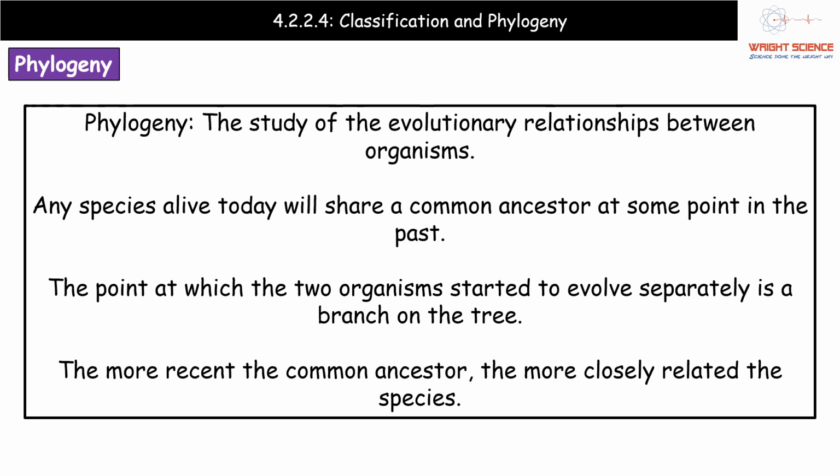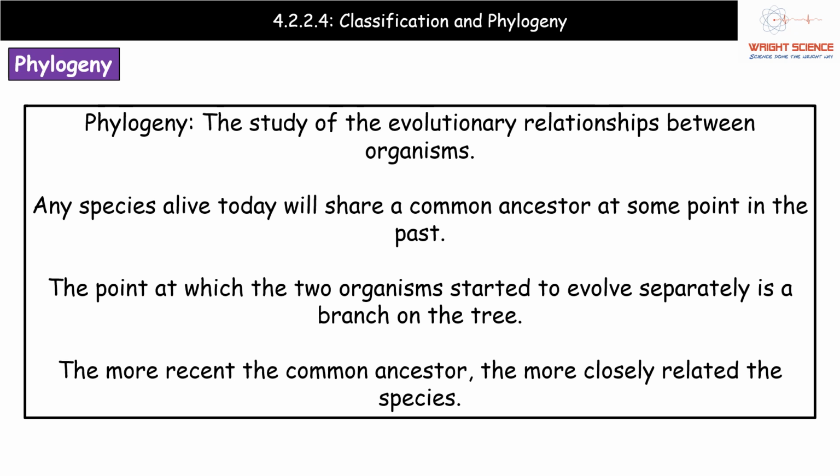Now, some of these will have a common ancestor relatively recently in the past. Other species, we're going back a long time to get that common ancestor. But at some point in the history of Earth, there is going to be a common ancestor for all of these species alive today.